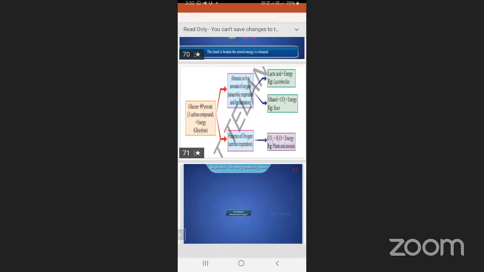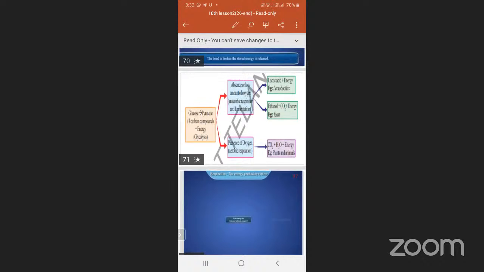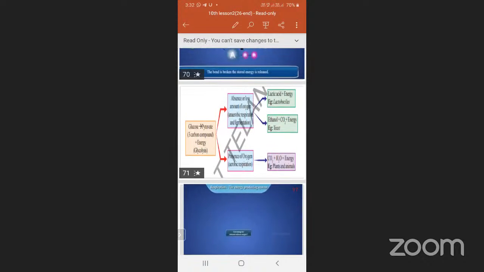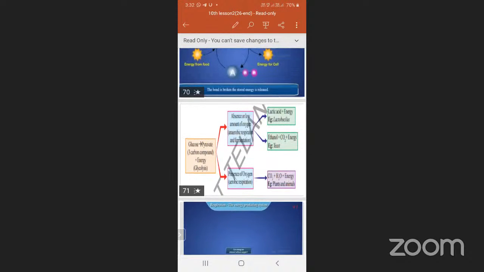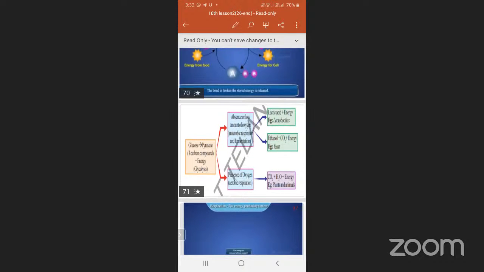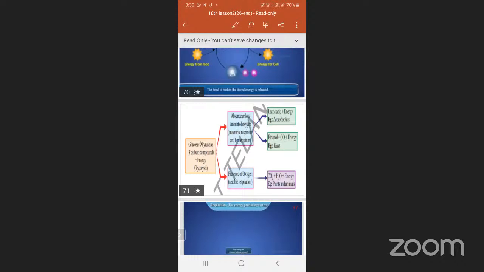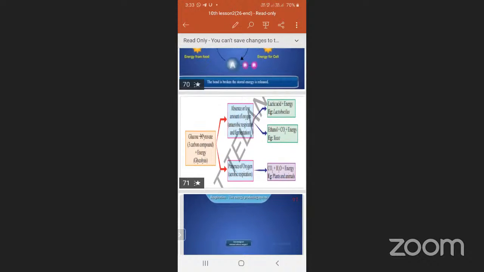And see here, glucose is the most commonly used sugar for deriving energy in plants, animals, and microorganisms also. Okay, children.